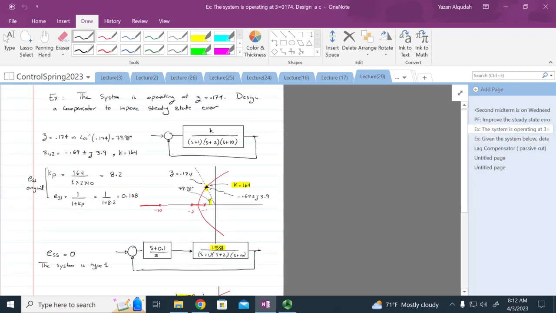If you recall, when we calculated Kp, we got the steady state error that is 1 over 1 plus Kp, and it was equal to 0.108 from the previous lecture.